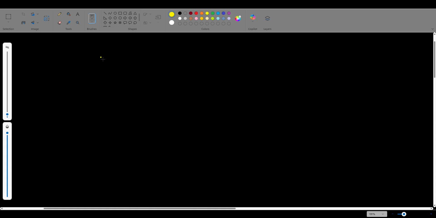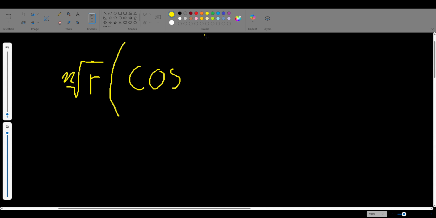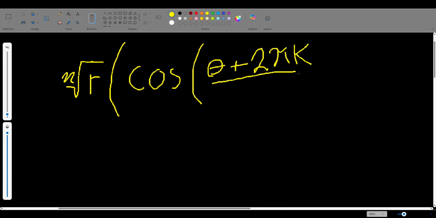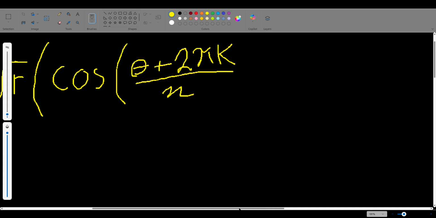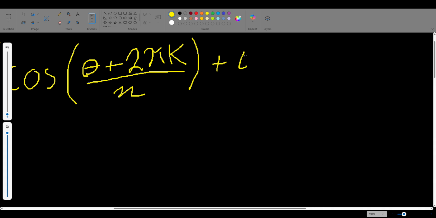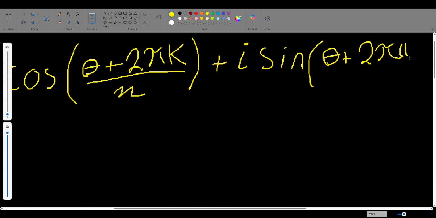Okay, so the formula is the nth root of r, modulus r, times cosine of (theta plus 2 pi k) divided by n, plus i, so here we just add on the imaginary part, i times sine of (theta plus 2 pi k) divided by n.